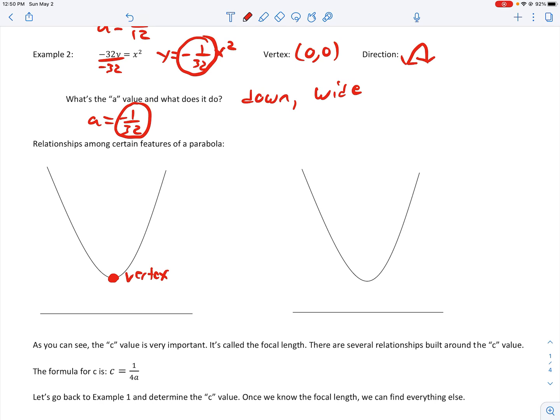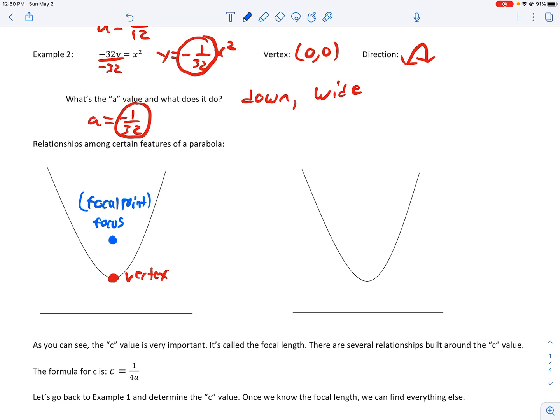We have a point inside the parabola, right about here. This is what we call the focus, or the focal point. You'll hear both names. That point is always inside the parabola, and it has some special characteristics.